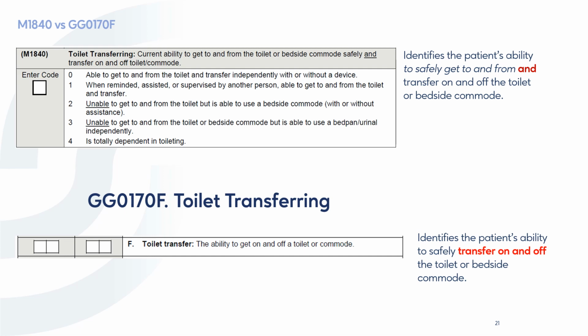The GG item only talks about transferring on and off. So there's 2 components to the M1840. There's 1 component to the GG0170F item. And as you notice, the GG0170F item does not talk at all about a bedpan or urinal.